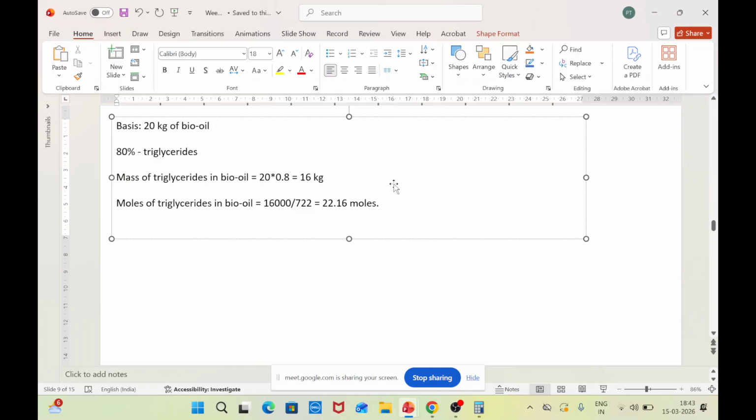So moles of glycerol will be, since the stoichiometric coefficient is 1, whatever the moles of triglyceride there are, that only you will get in the glycerin as well. So it's going to be 22.16 times 92. So what is the value?